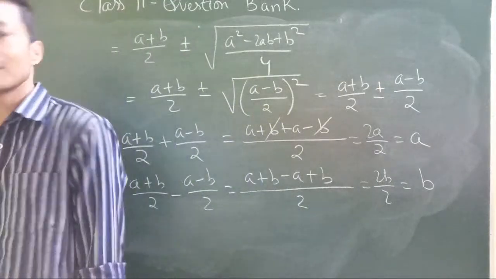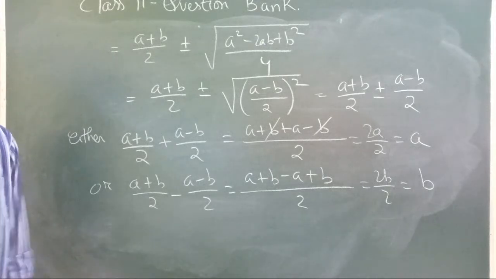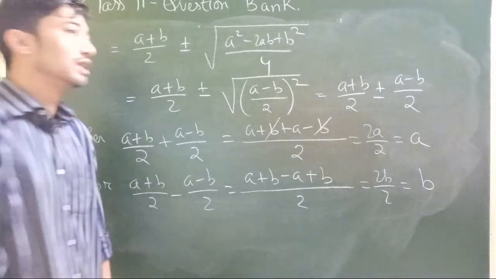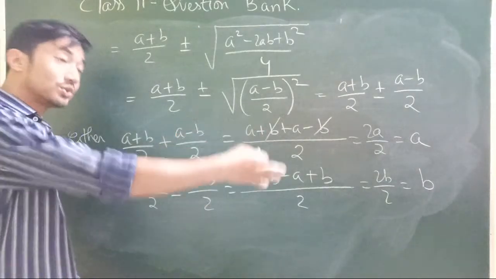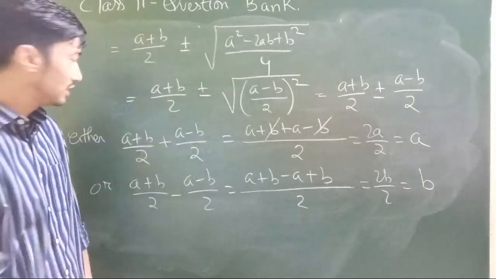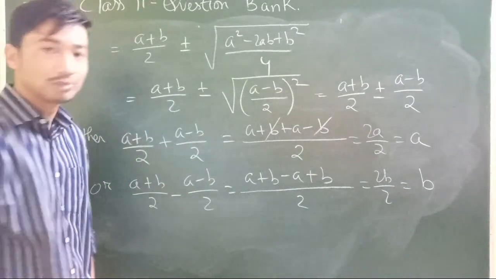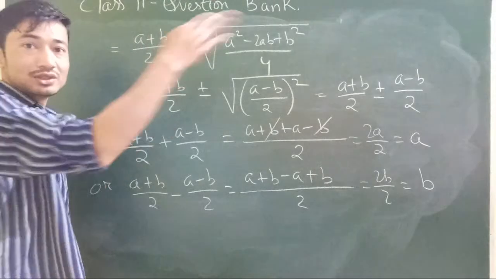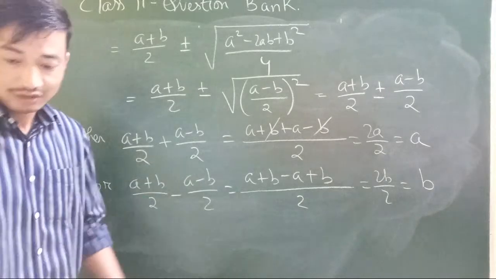So the equation here looks a little bit different, but what they're saying is that you have two numbers, you have the arithmetic mean and the geometric mean. Using these, you just have to prove that these two terms also represent those two numbers only, or the other form of the two numbers. So we started with that solution, and ultimately we get either that value is equal to a, or that value is equal to b. So these are the same two numbers, a and b only. Just other forms, no other ways of representing the numbers. That's a simple question.